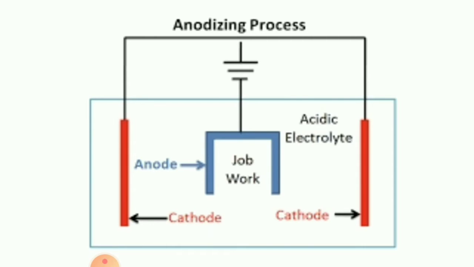Next is the anodizing process. Anodizing is an electric process where your articles are coated with aluminium oxide. Either a copper or aluminium article is kept as the anode.